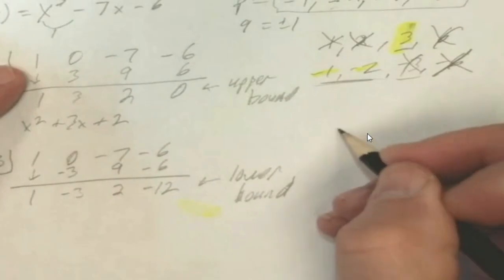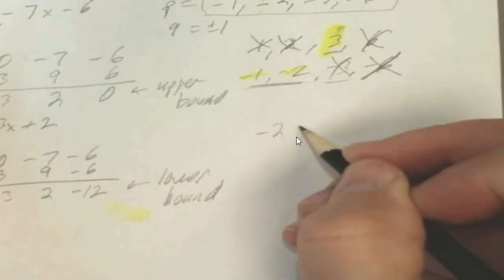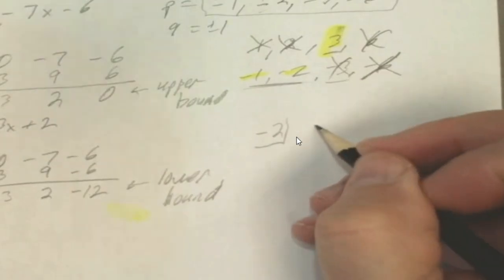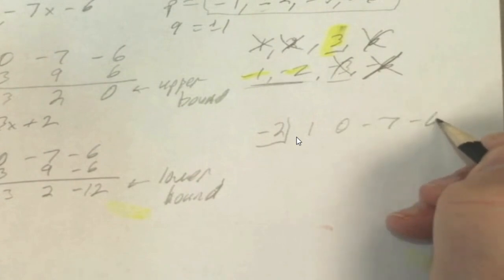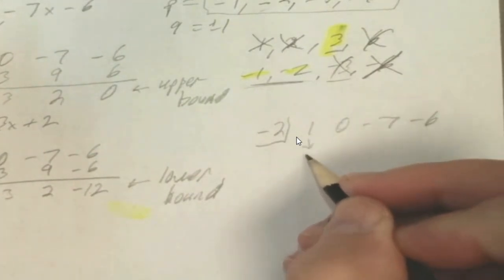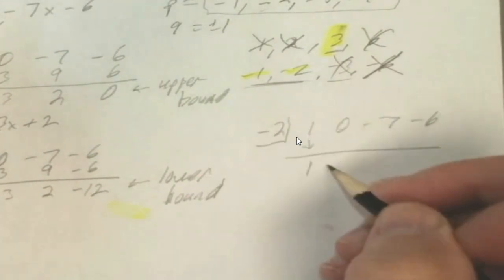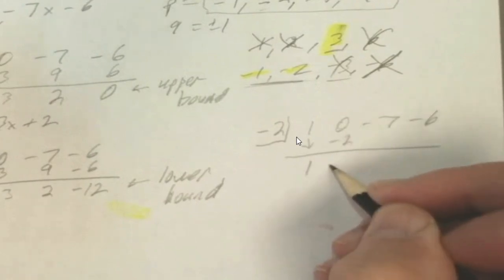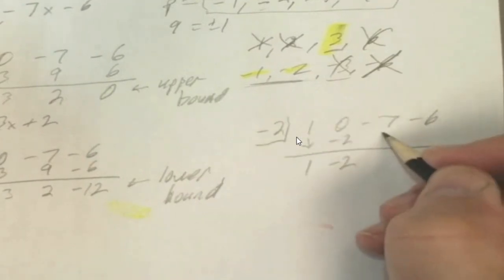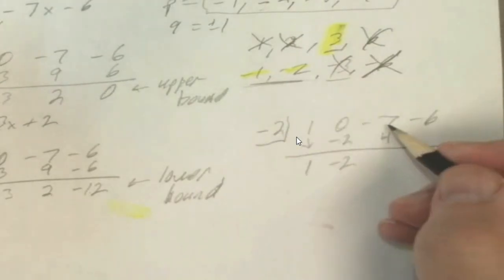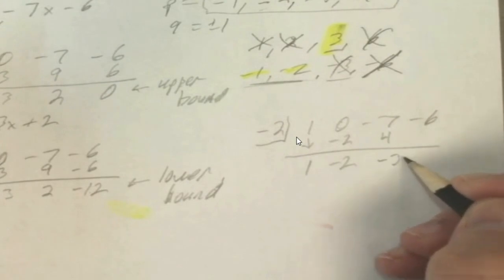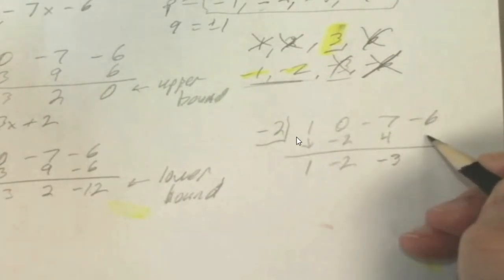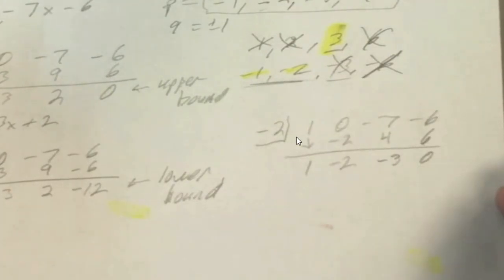Like if I would have checked -2, let's do that real quick because I want to see what that is. So this is 1, 0, -7, -6. The 1 comes down, multiply, add, multiply, add. So right, +4, yeah. Multiply 0.